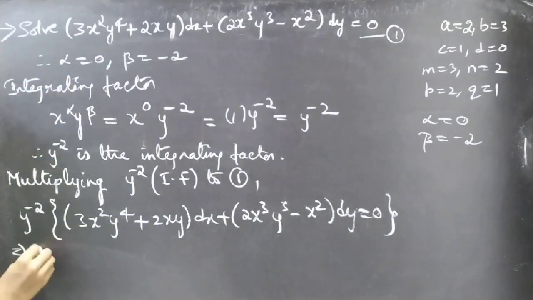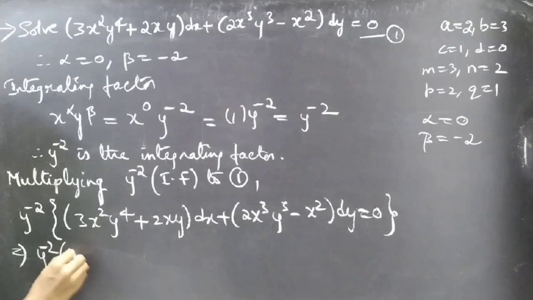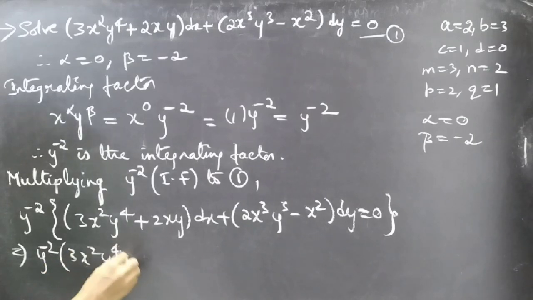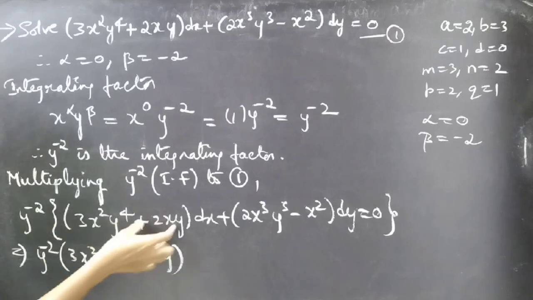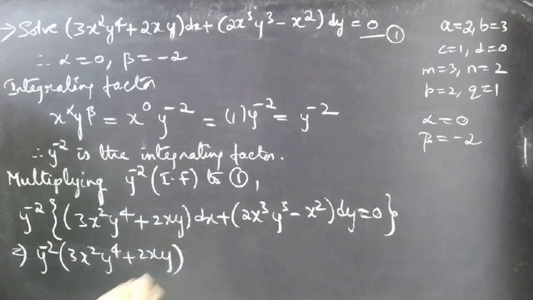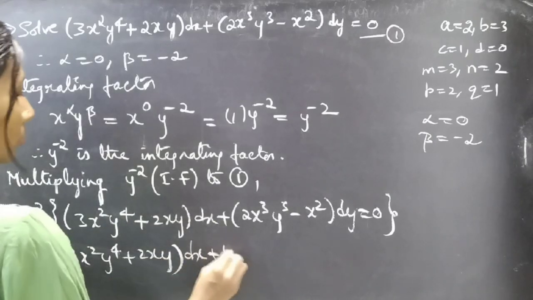This gives us y power minus 2 into 3x square y power 4 plus 2xy into, you can just multiply directly to all the terms, or you can just write one more step.